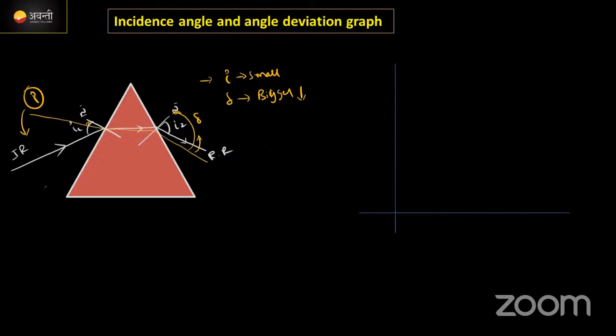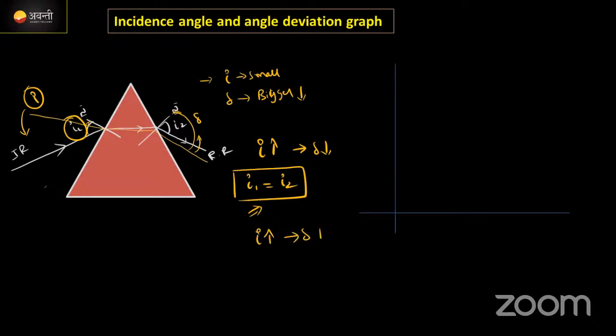If you increase the angle of incidence, the deviation angle will decrease, up to what point? Up to some one point, where i1 will be equal to i2. Up to this condition, if you increase the angle of incidence, the deviation angle decreases. Further, after reaching this point, if you increase the angle of incidence, the deviation angle will keep on increasing.